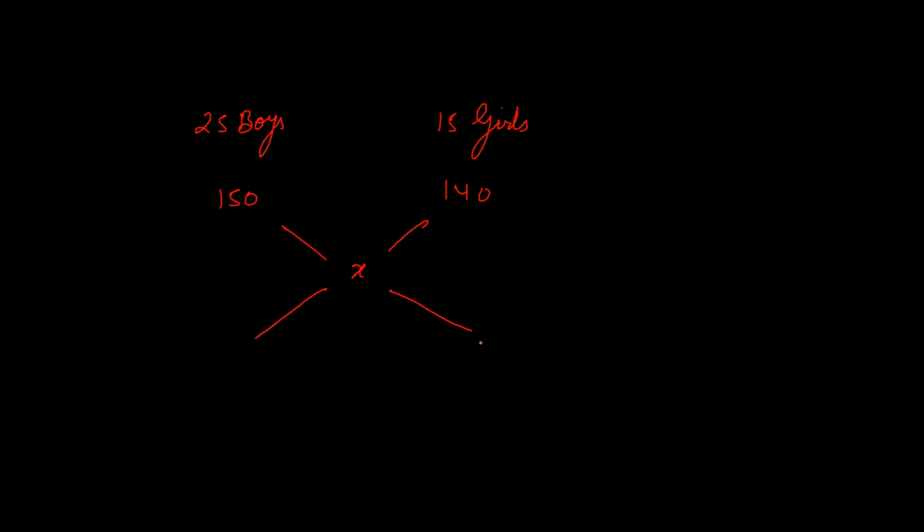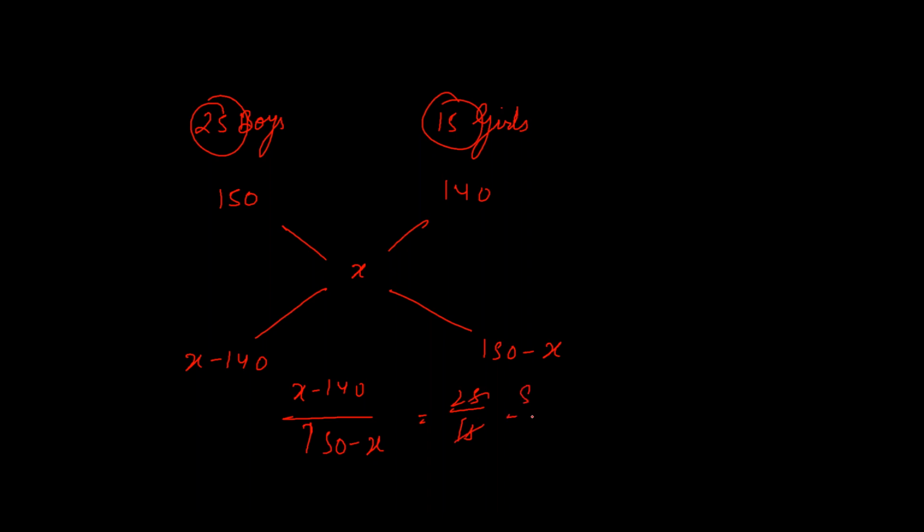Can we do it like this? 150 minus x, x minus 140. And the ratio should be this. This 1 divided by 150 minus x equals 25 by 15, which is 5 by 3. Can we solve it for x? It will be 146.25.